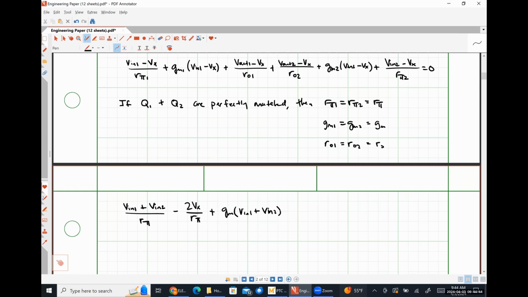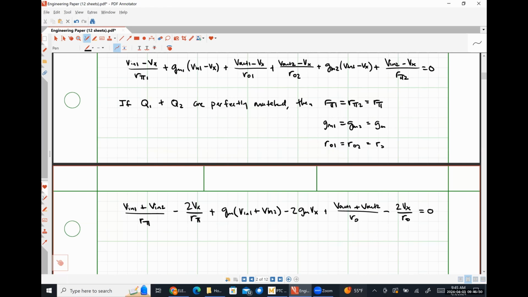Then I'm going to have a factor of negative twice gm Vx. Then I'm going to have a Vout1 plus Vout2 over R0, and then minus twice Vx over R0, and all of that is equal to 0. So that's just me rearranging things under the constraint that my R pi's, gm's, and R0's are the same for both transistors. So are we all still okay?